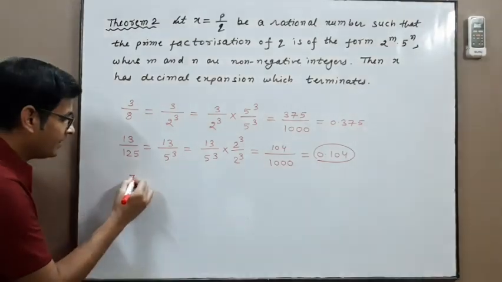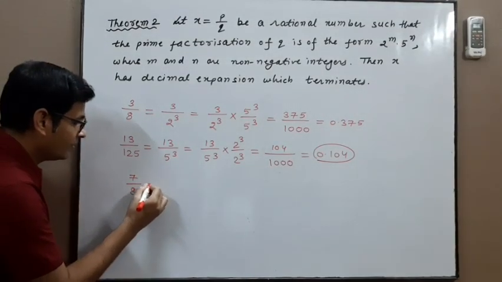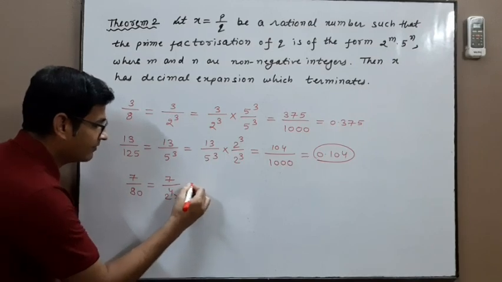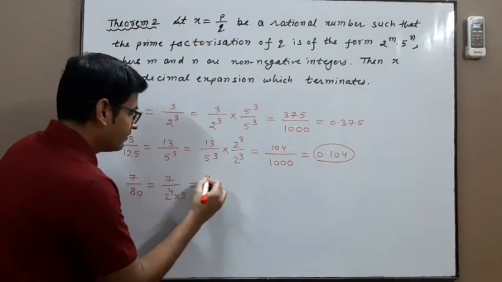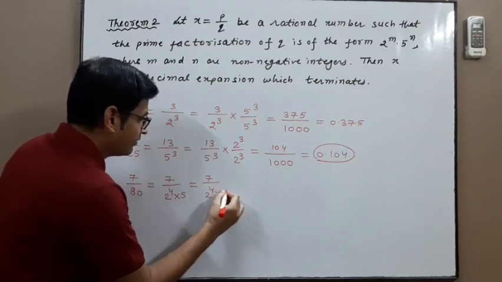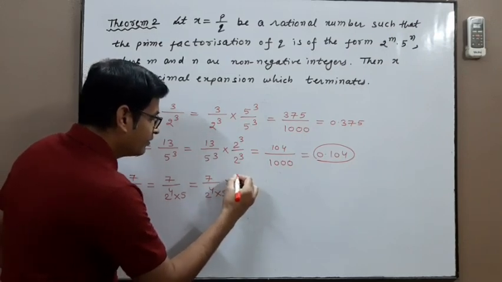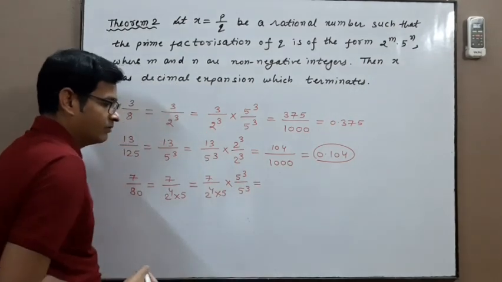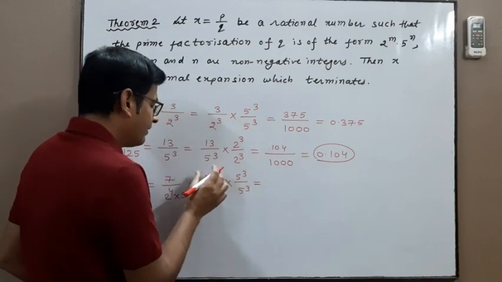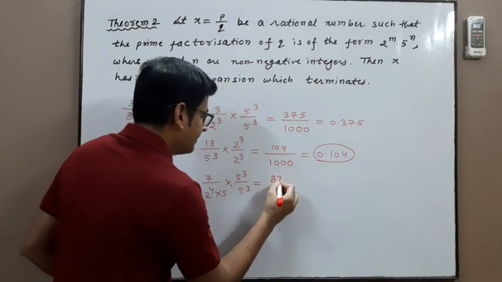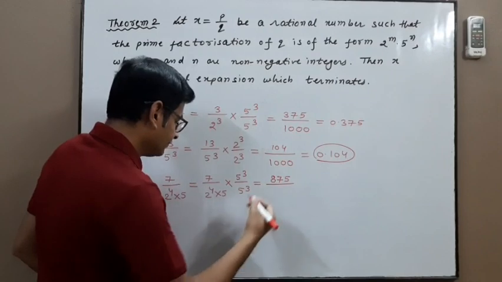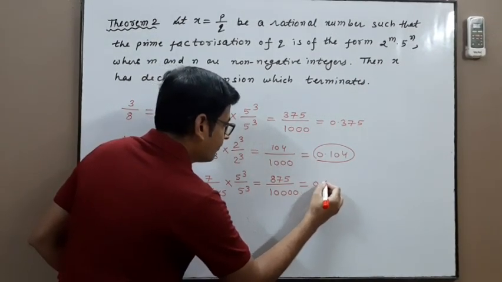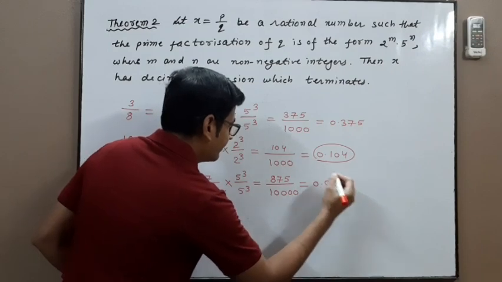7 upon 80 is equal to 7 upon 2 raised to the power 4 into 5. Multiply numerator and denominator by 5 raised to the power 3, which is 125. 125 into 7 is 875 upon 10,000, which is equal to 0.0875.